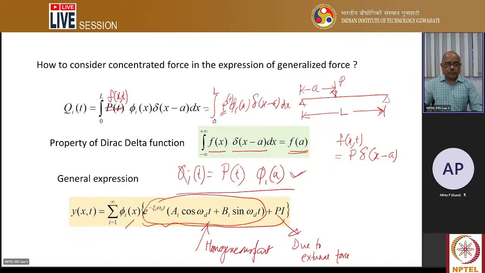So how do you find them? Apply the initial conditions, and then you will be able to get the constants A and B. Now applying the initial conditions, if you put t equal to 0 in the expressions of y and y dot, that means velocity, you will get two equations containing A and B, and from that you can solve for the constants A and B.